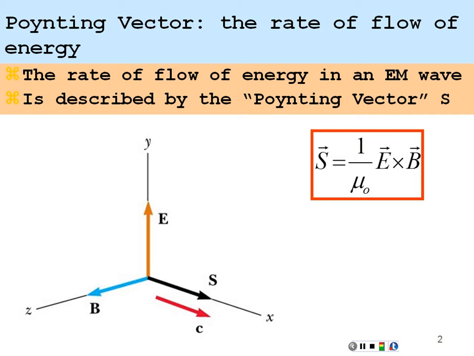And it actually is pointing in the direction of propagation of the wave. So in a sense, it points in the direction of propagation, even though Poynting is not named after pointing. But it works.